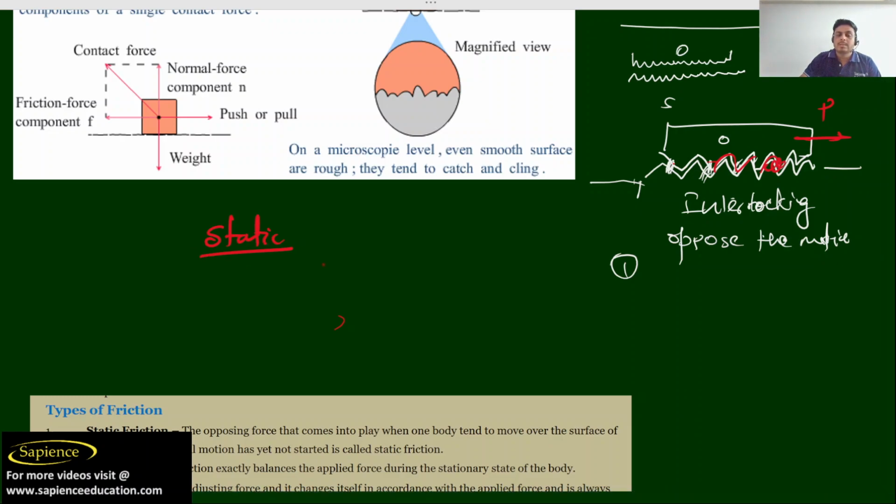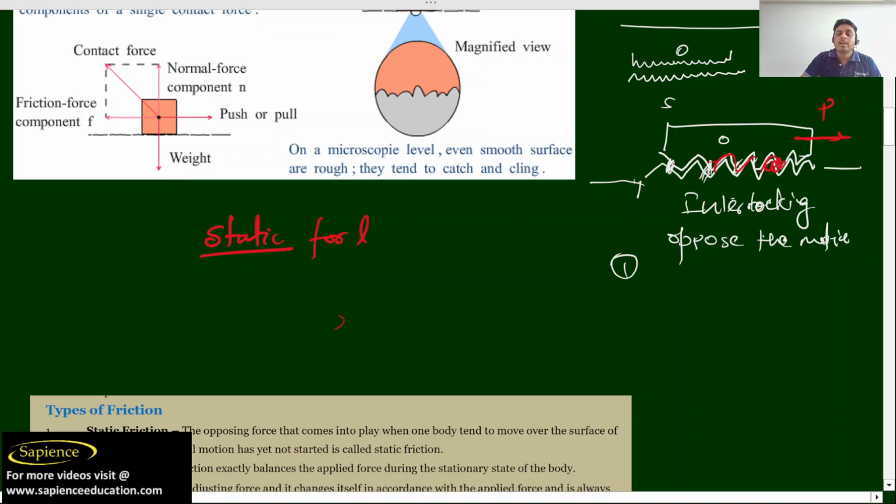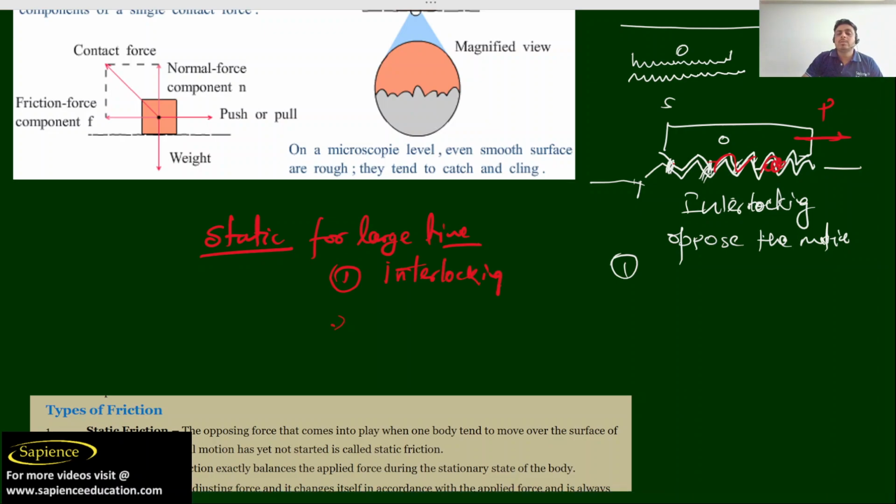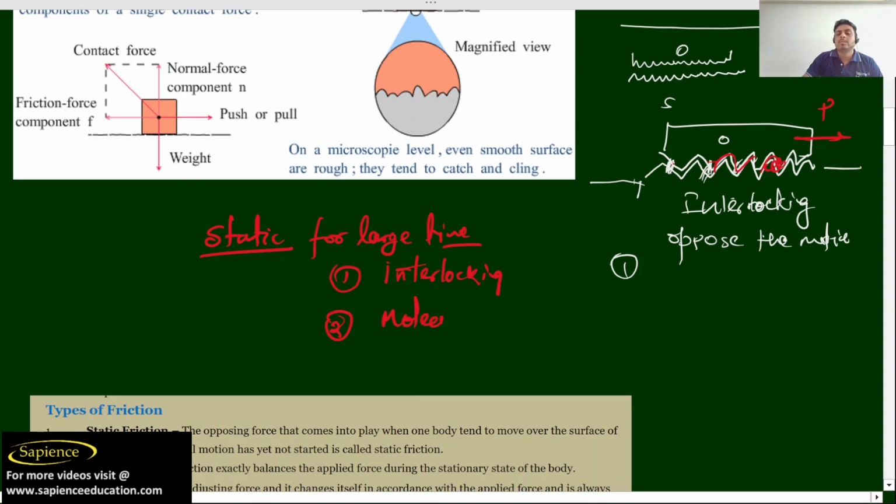When an object is kept static for a large duration of time, the interlocking factor, which increases the friction, and the molecular force of attraction both act.